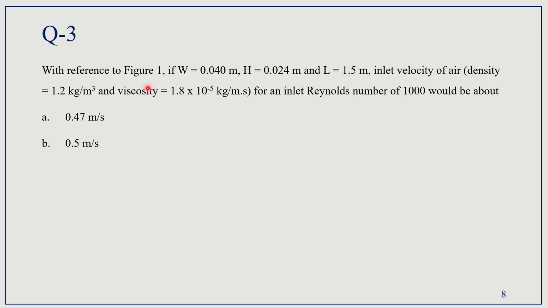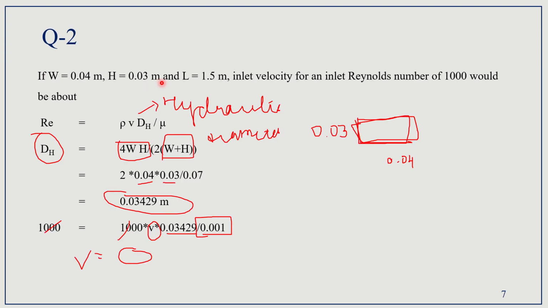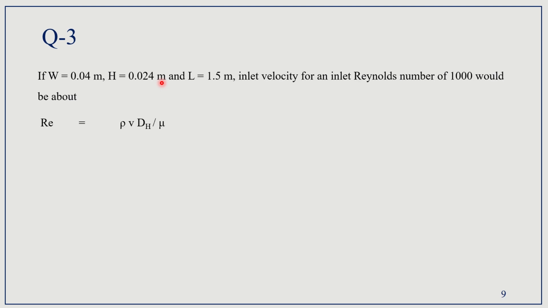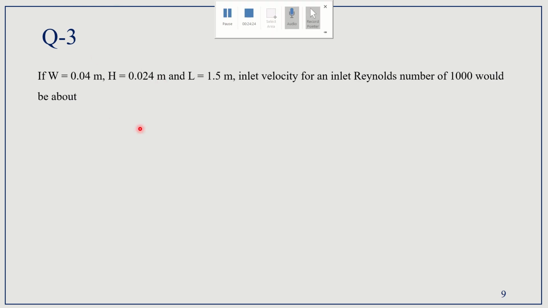The height is different from the previous problem. Height was 0.03 in the last case, and now in this particular problem it is 0.024 meter. Length is 1.5 meter, similar to the last problem, inlet velocity needs to be calculated, and inlet Reynolds number is 1000.